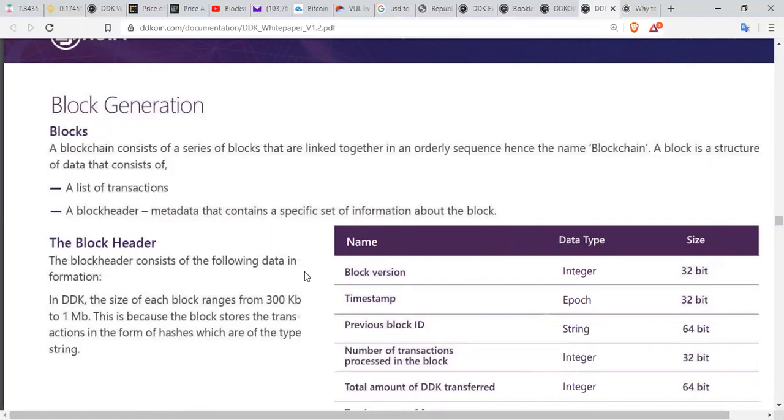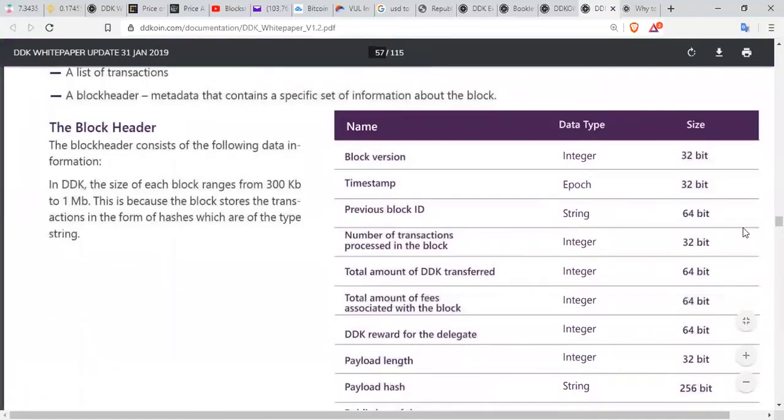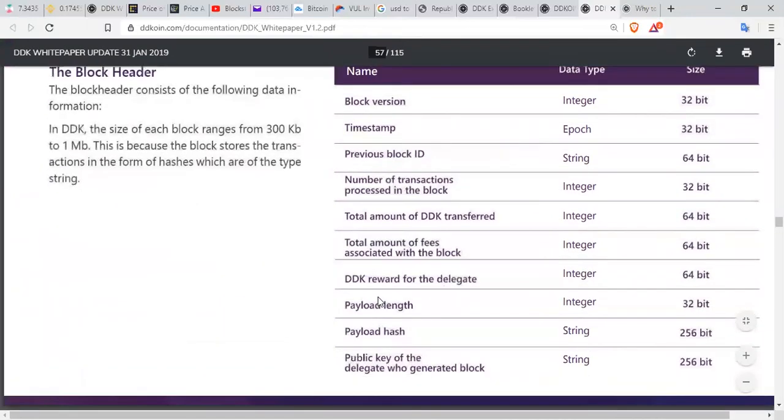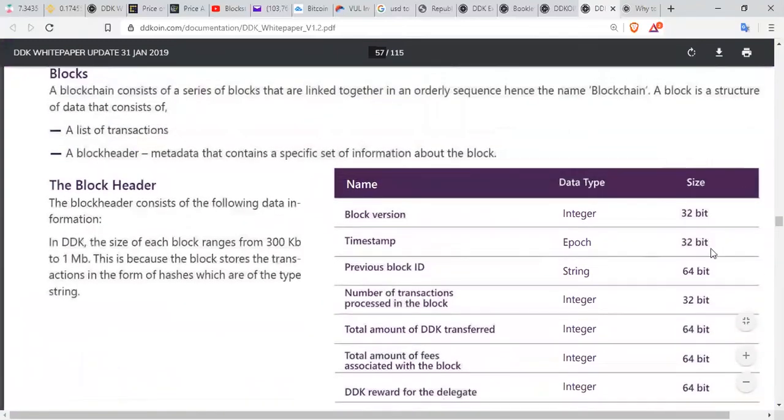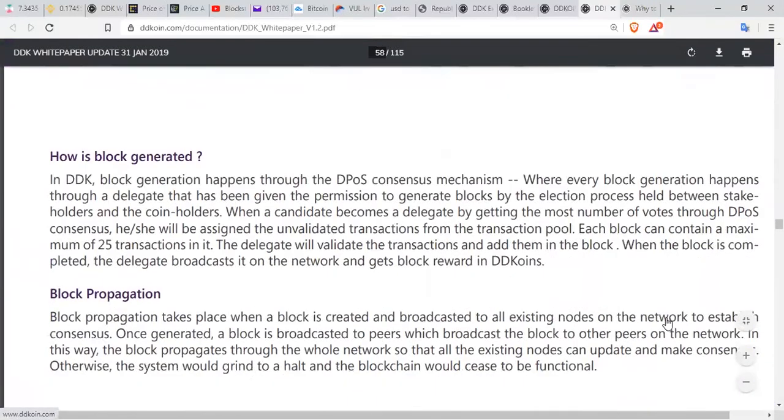In DDK, the size of each block ranges from 300 KB to 1 MB. This is because the block stores the transactions in the form of hashes which are of the type string. Dito binanggit din kung anong klaseng data type meron ang mga particular item like block version, timestamp, and all. And nandito rin yung size.